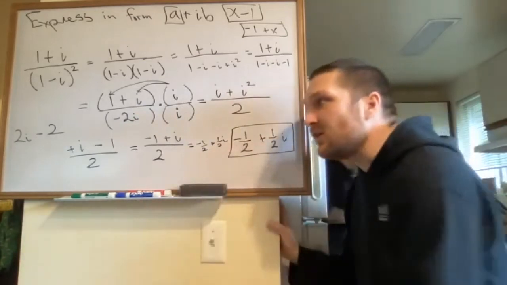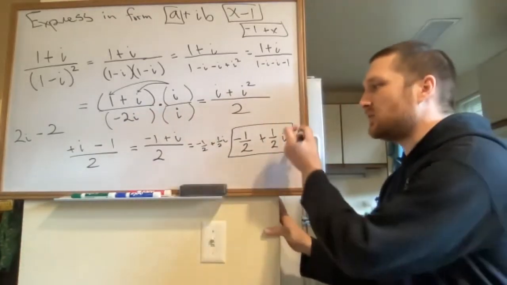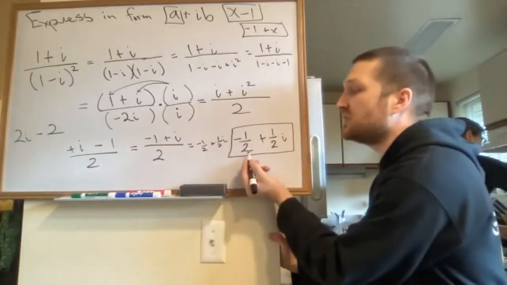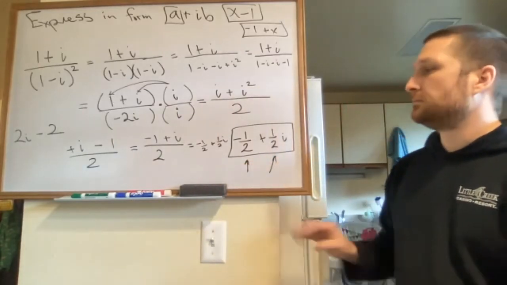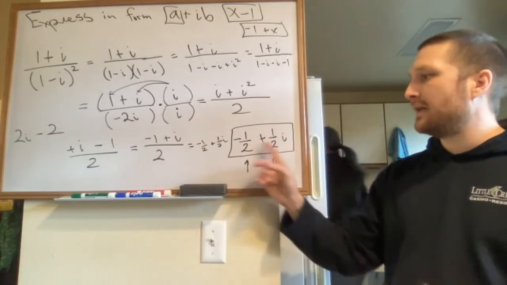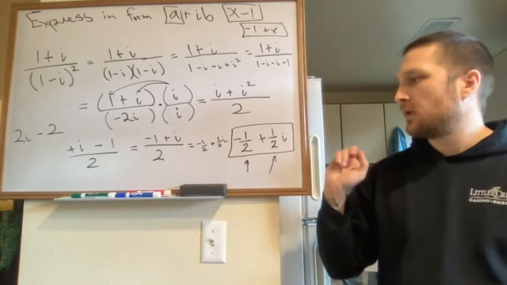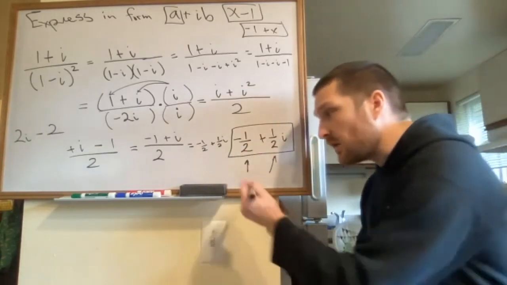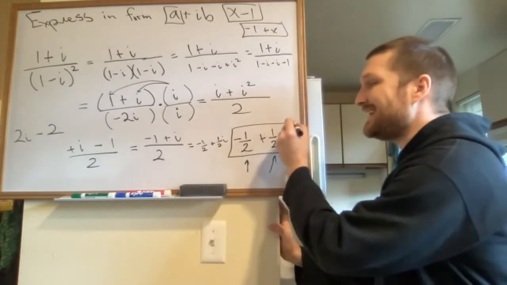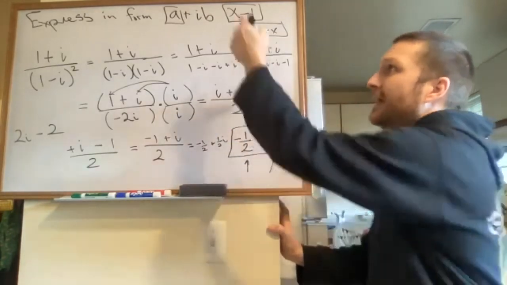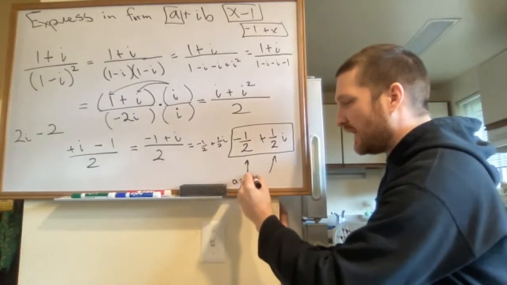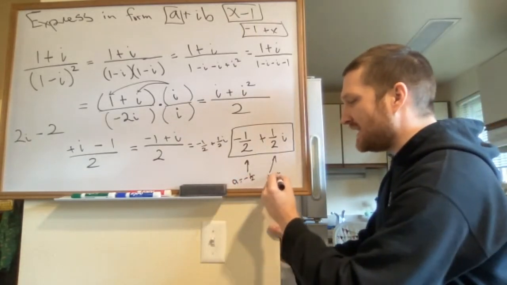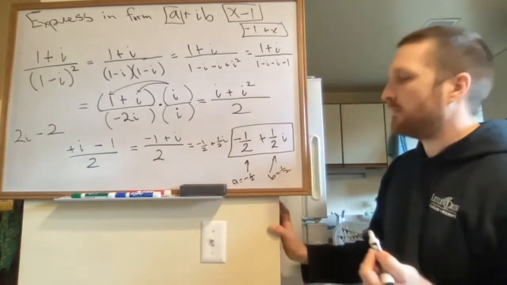But either way you do it, you will get to the exact same answer once you have reduced your final a and b here. And another thing to notice is that in this case, this is in the form a plus bi, where a is equal to negative 1/2 and b is equal to 1/2.